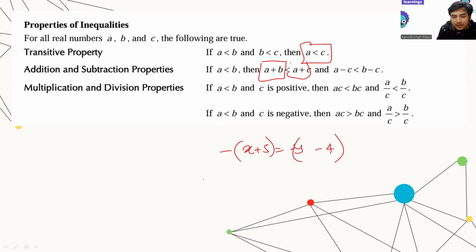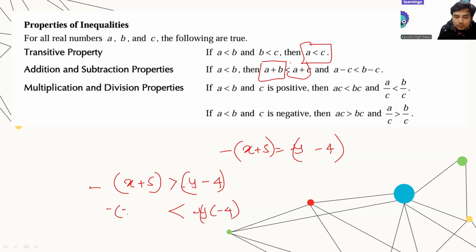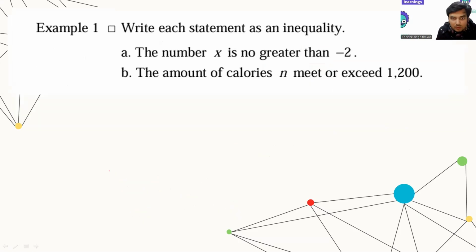But if you have x plus 5 greater than y minus 4 and you multiply by a negative sign, remember the sign of the inequality flips. So x plus 5 greater than becomes less than minus of y minus 4. That's what you have to do in inequality. Rest everything is the same as equality.